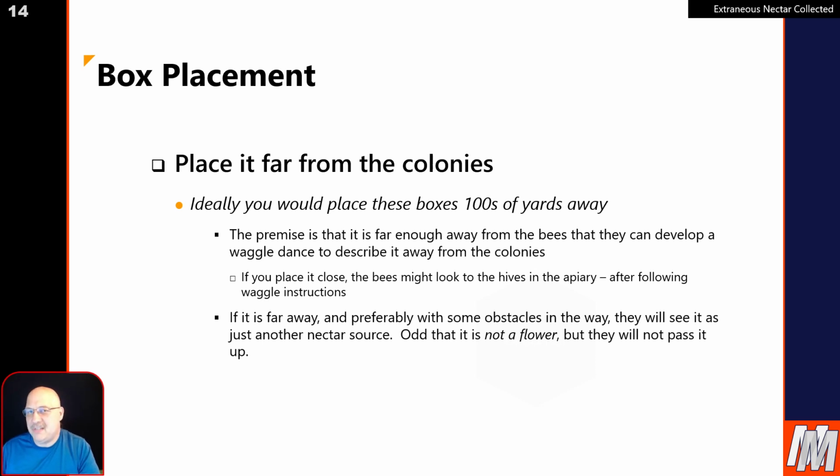That way, when the bees exit the hive in quest of finding the box, they can orient around different objects, and that makes it perceived to be more like something they found as a resource out in nature versus this is a hive to rob, and then I would turn back to the other hives when I'm done with this resource. So make sure, preferably, that it's as far away as possible and set it up with a bunch of barriers in between.